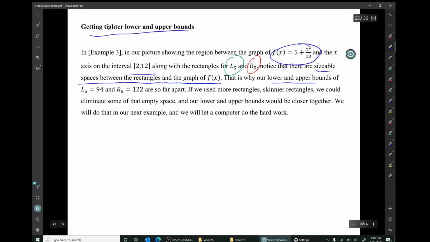That's why our lower and upper bounds of L5, which is 94, and R5, which is 122, are so far apart. If we used more rectangles, skinnier rectangles, we could eliminate some of that empty space, and our lower and upper bounds would be closer together. We'll do that in our next example, and we'll use a computer to do the hard work.